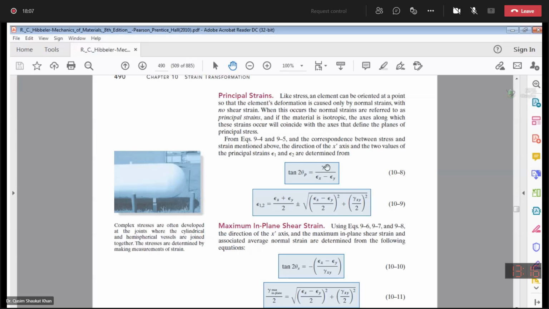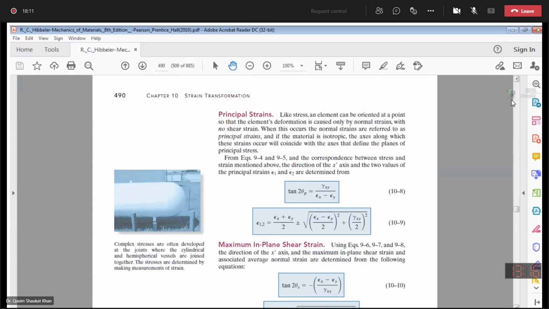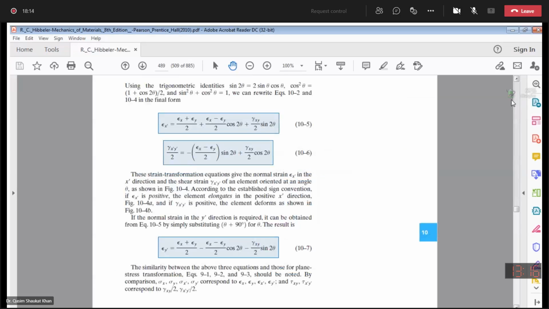If you need to derive this equation, what will you do? You will differentiate the epsilon x dash equation with respect to theta, and then you will equate it equal to 0.